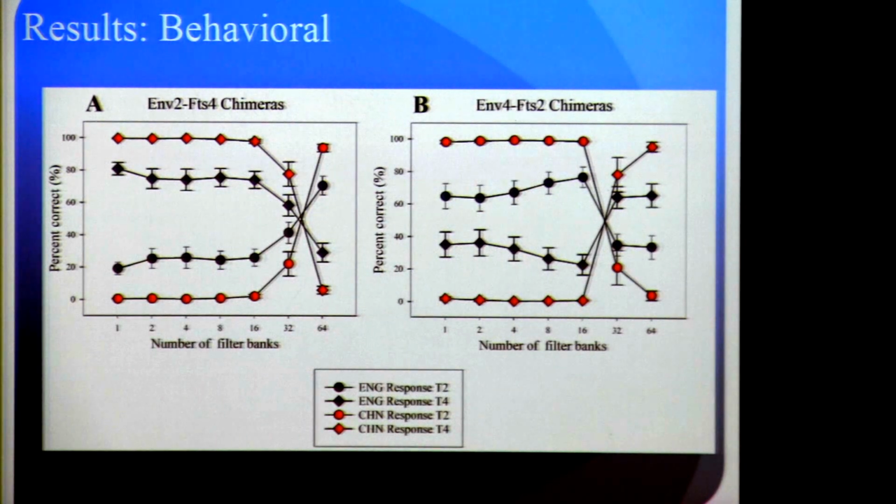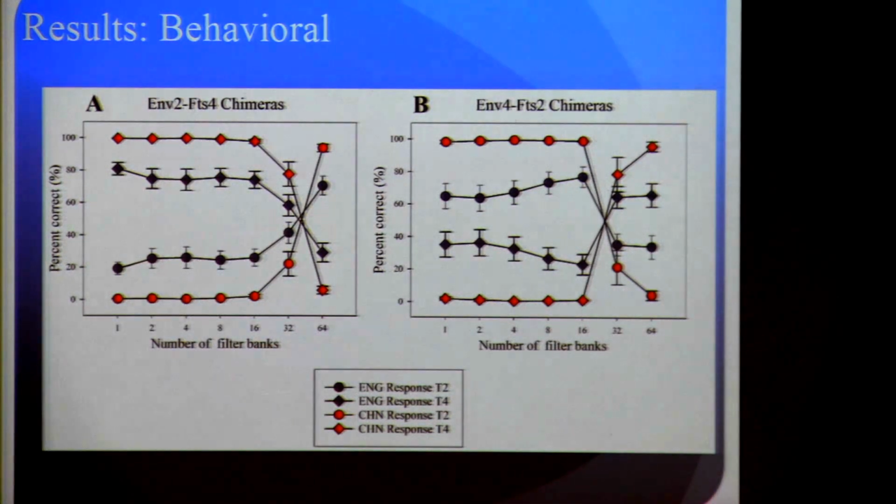So sometimes they might have heard E2, or sometimes they might have heard E4. So the Chinese participants showed a stronger dichotomous decision-making, whereas the American participants were not as decisive. So behaviorally, we are processing these chimeras as we would music or pitch perception, using those fine structure cues.